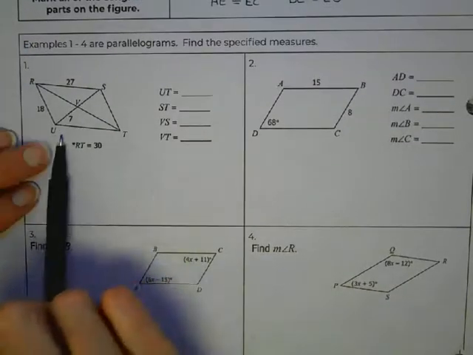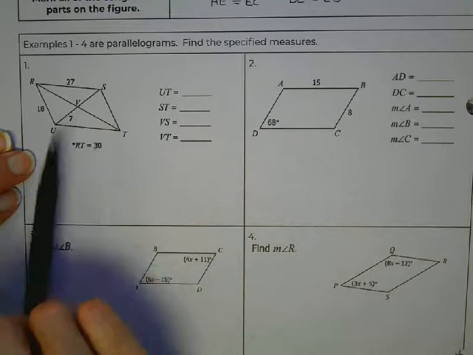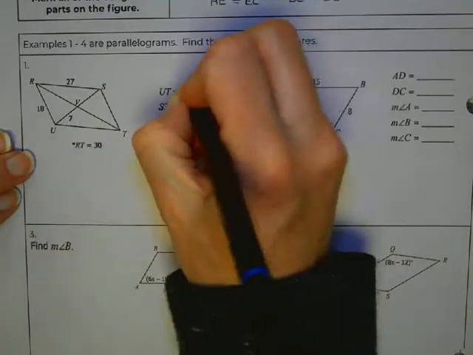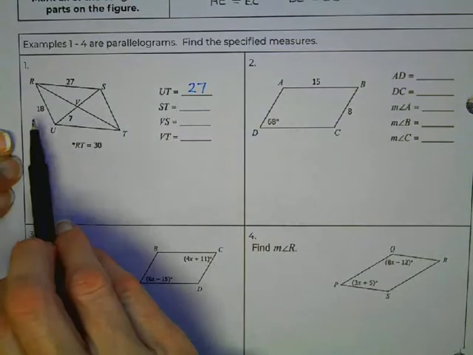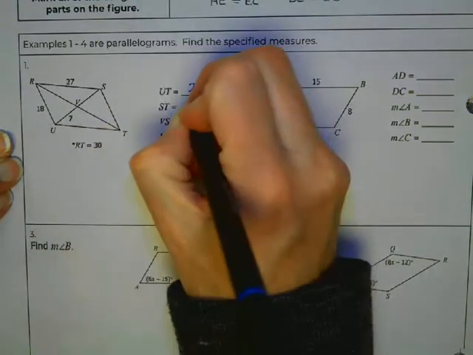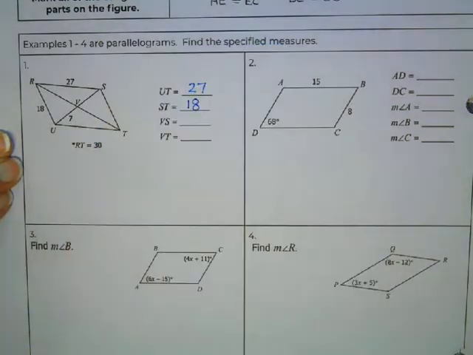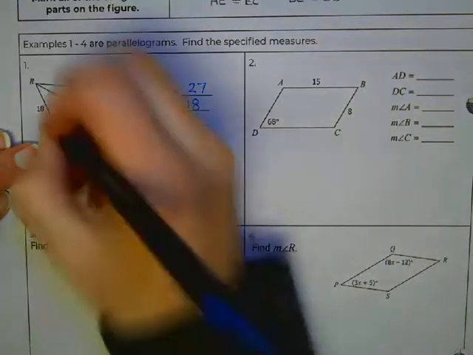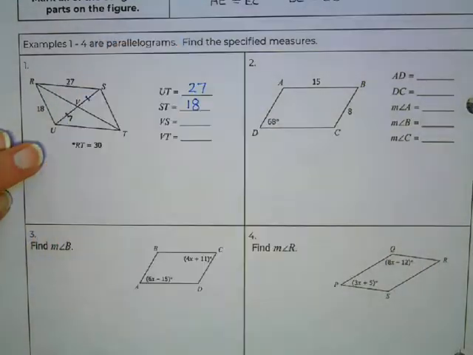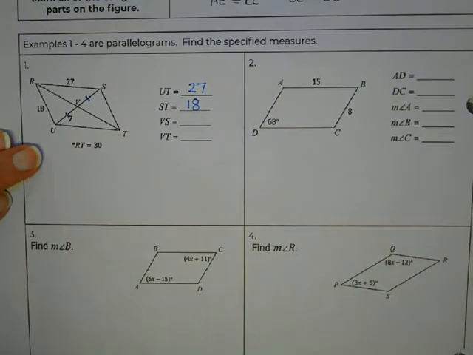So in this picture, UT is opposite RS. So UT should be 27. ST is opposite 18. So ST is 18. VS is on a diagonal. So these two diagonals are congruent. Those parts are bisected.